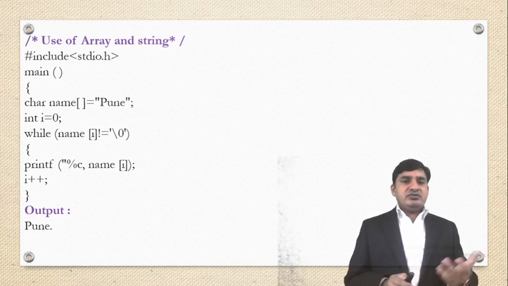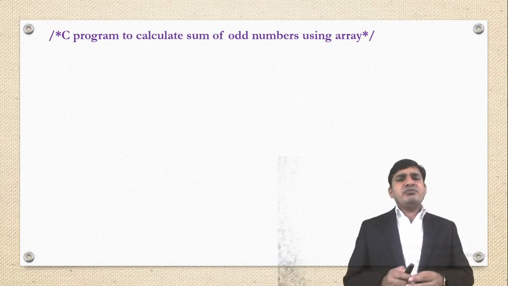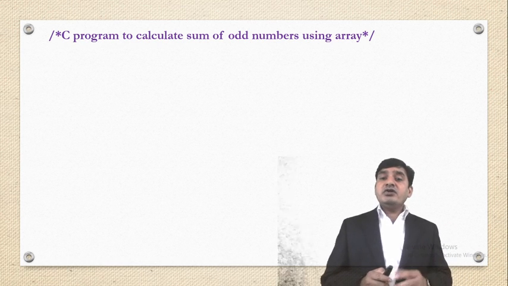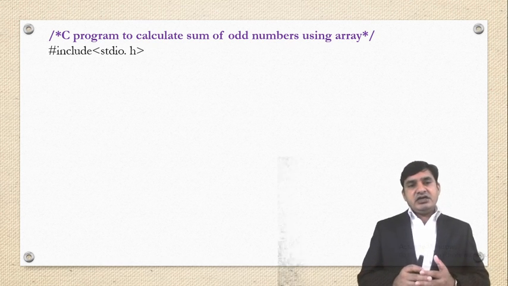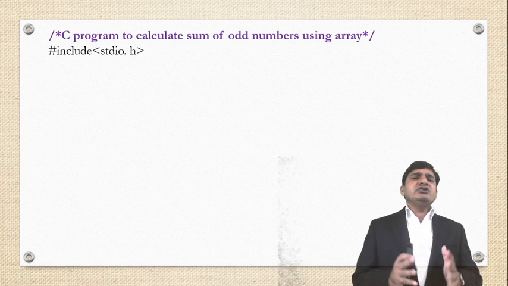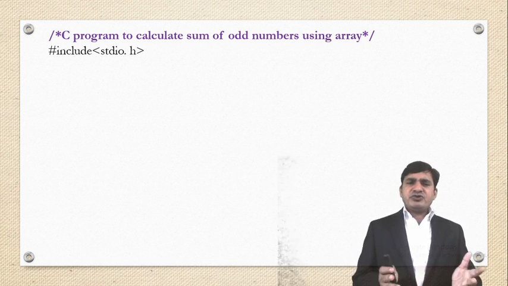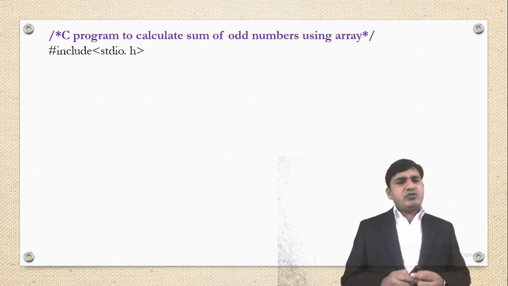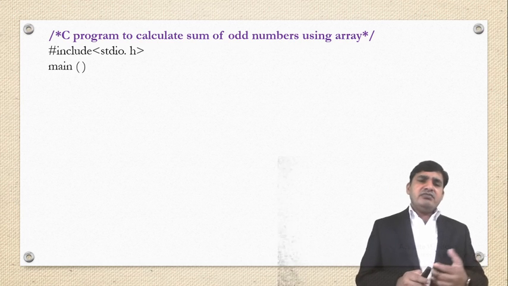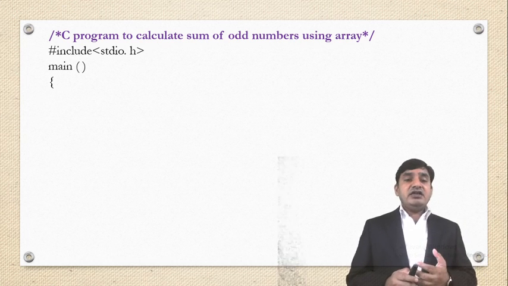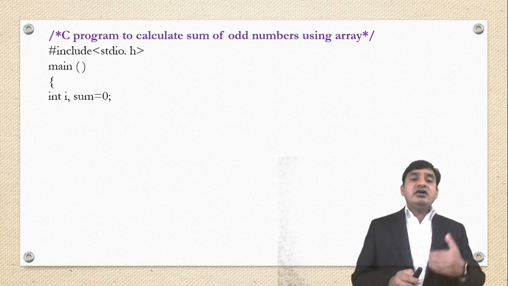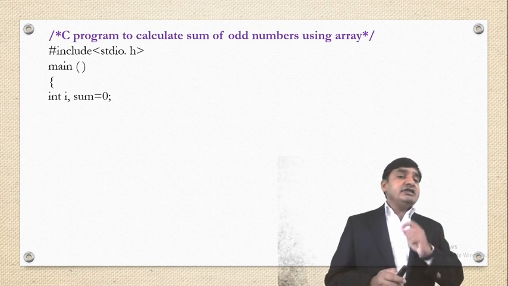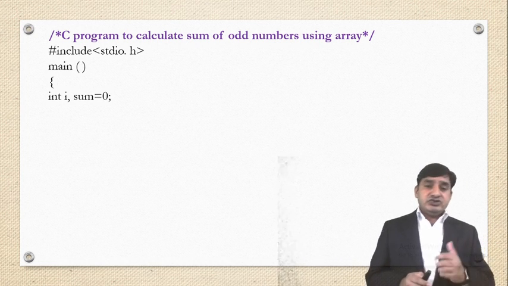Okay, now the next program is a program to calculate the sum of odd numbers using an array. For that, again we use the #include <stdio.h> preprocessor directive, the standard input output header file, then the main function, then again an opening curly bracket. Integer i, and integer sum is equal to 0.